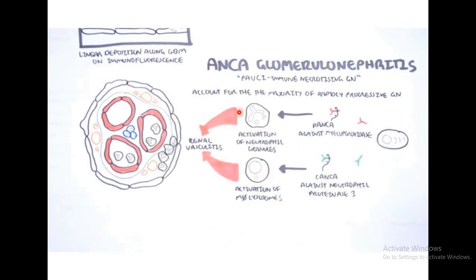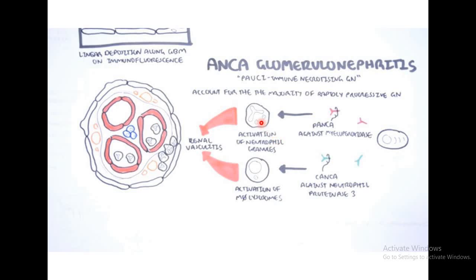So as I told you earlier, this is an autoimmune disorder in which the plasma cells of these patients will form two types of antibodies. One is P-ANCA and another one is C-ANCA. P-ANCA acts against the myeloperoxidase, which further activates the neutrophilic granules.